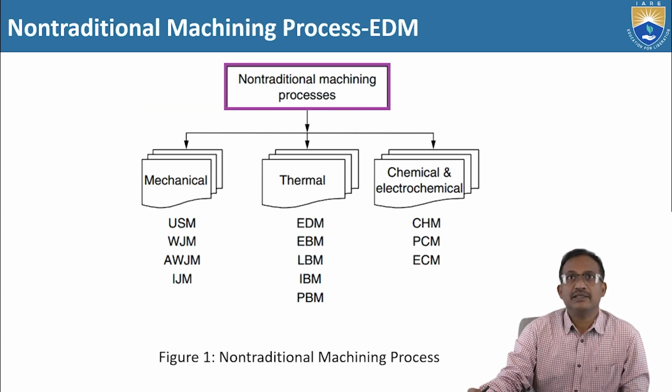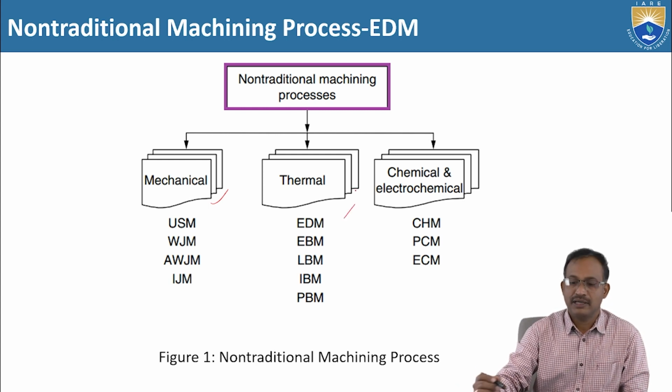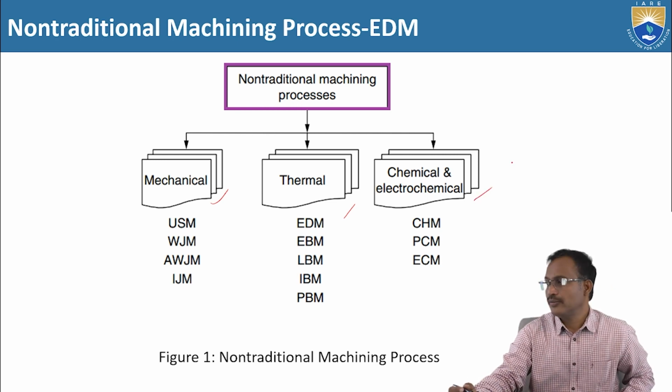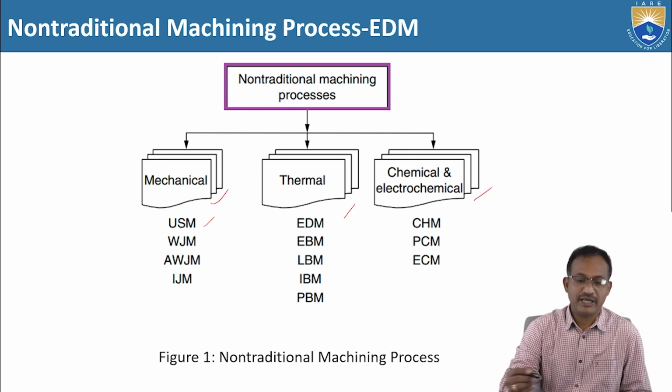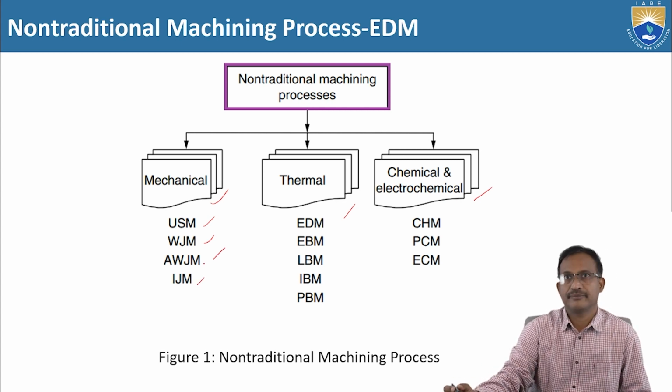In the usual manner, let us discuss the various categories of non-traditional machining processes. The first one is mechanical, second thermal, third chemical and electrochemical. Under mechanical: ultrasonic machining, water jet machining, abrasive water jet machining, ice jet machining.